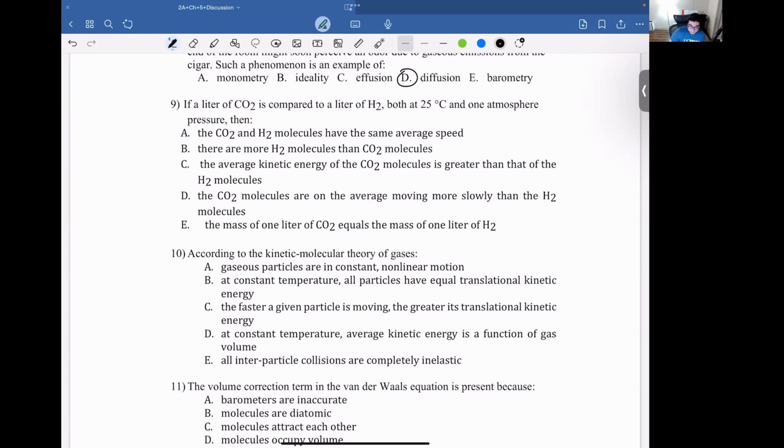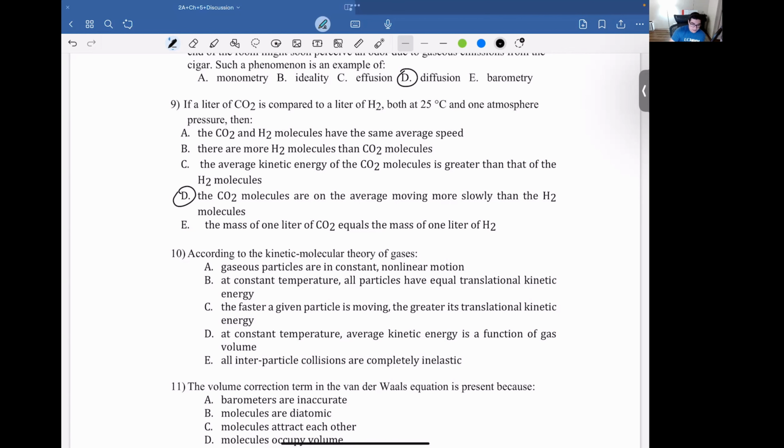B is wrong from PV equals nRT. If you have two gases at the same pressure, same temperature, and the same volume, then you're going to get the same moles of each gas. C says the average kinetic energy is greater for CO2. That's not true. As I just said, the average kinetic energy is the same. The answer is D. The CO2 molecules are on average moving more slowly than the H2 molecules. The heavier the molecule is, the more mass, the slower it goes.